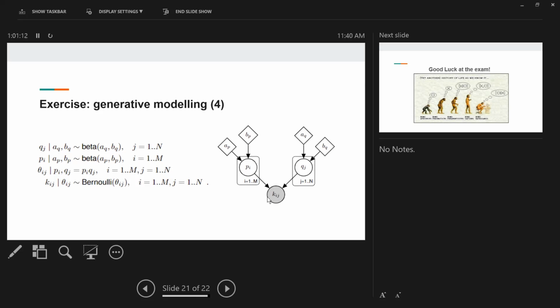One box for I, one box for J. Because what he did, yeah, no, it's not wrong. It's just not very complete. He had one big box around everything with I and J, but this one doesn't use I. This one doesn't use J. So you want to have different boxes. That way this is closed. Yeah, this should be in both boxes, but this should be in one. So you would have something like this and like this. So this is also incorrect because this one is not in a box for some reason.